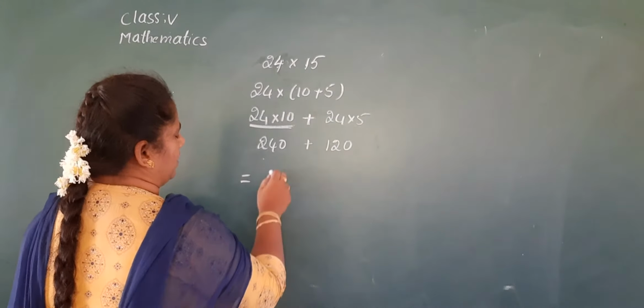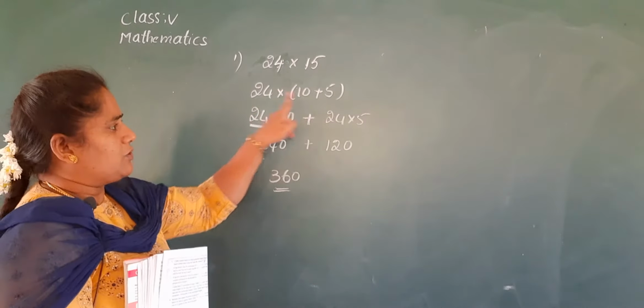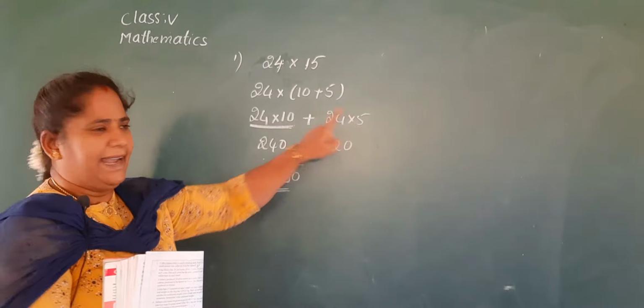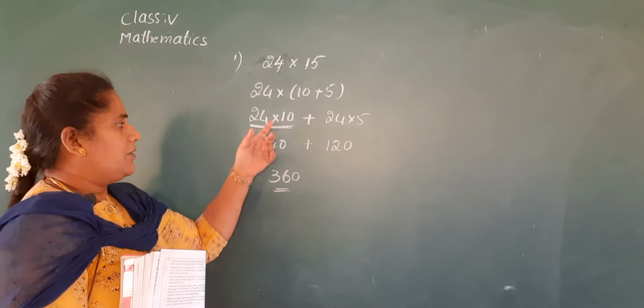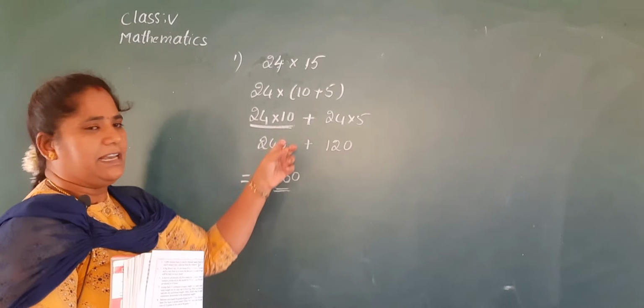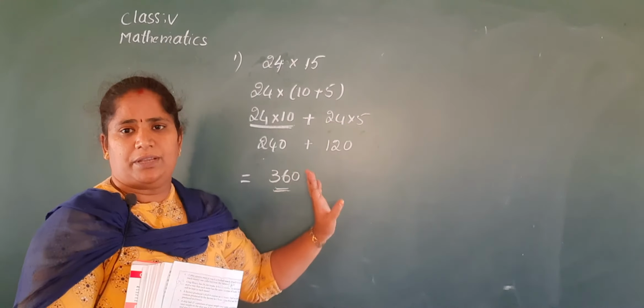How do you multiply 24 into 15? See children, first you write 15 as 10 plus 5. 24 into 10 plus 24 into 5. 24 into 10 is 240. It's very easy. We write the same number and keep 0 in the ones place. And 24 into 5, no need to do the multiplication.